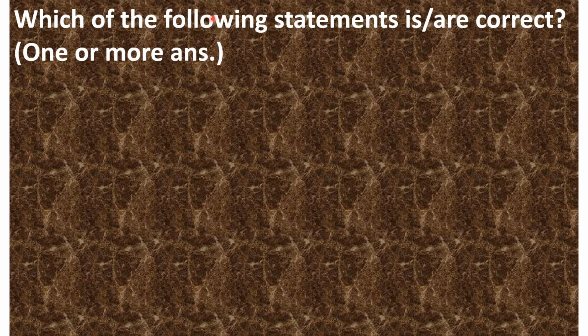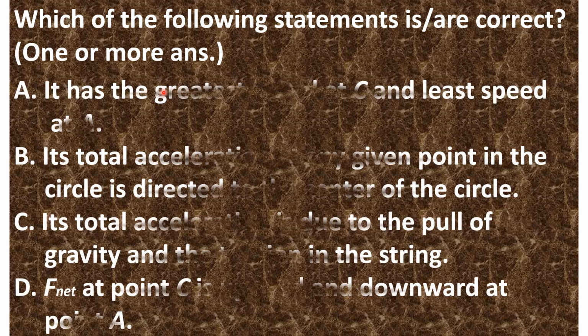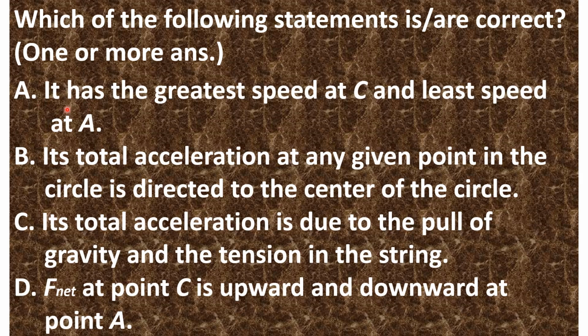Which of the following statements is or are correct? One or more answers. Option letter A, it has the greatest speed at point C and the least speed at point A. Option letter B, its total acceleration at any given point in the circle is directed to the center of the circle.